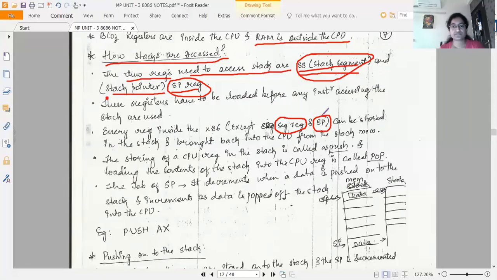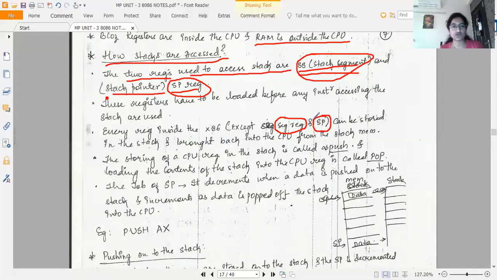Now what they are trying to say is the content of any register, for example, AX, BX, CX, DX, DI, SI, BP, so any register, the content can be moved to the stack and can be moved from the stack back to the CPU, except the content of the segment registers, all the 4 segment registers, and the content of the stack pointer.